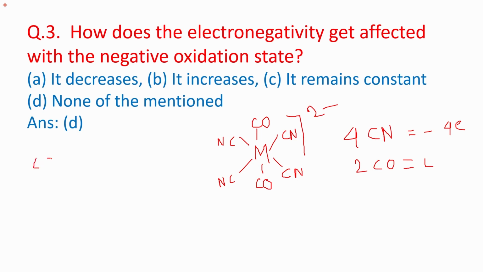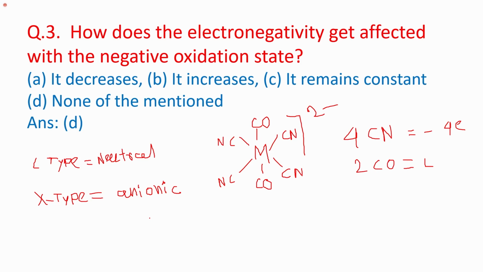L type means neutral, and X type means anionic. L type is the neutral ligand, and X type is the anionic ligand.